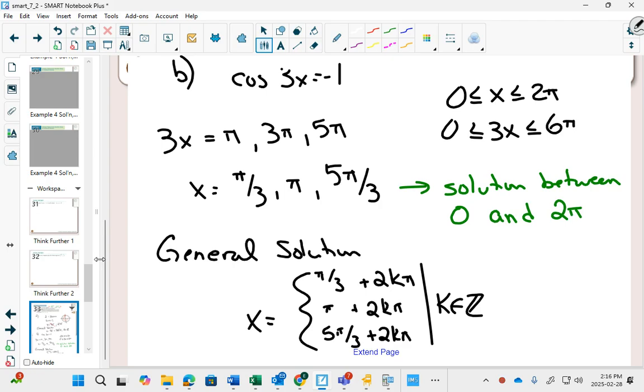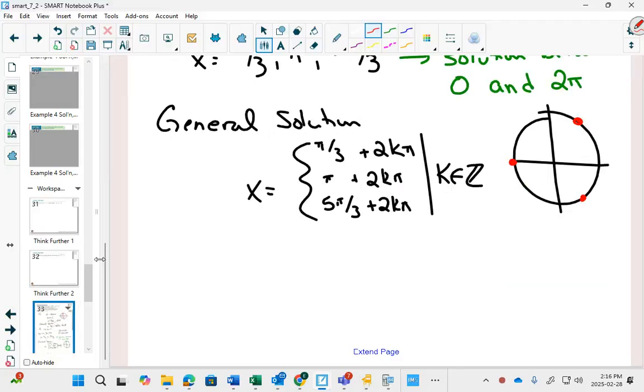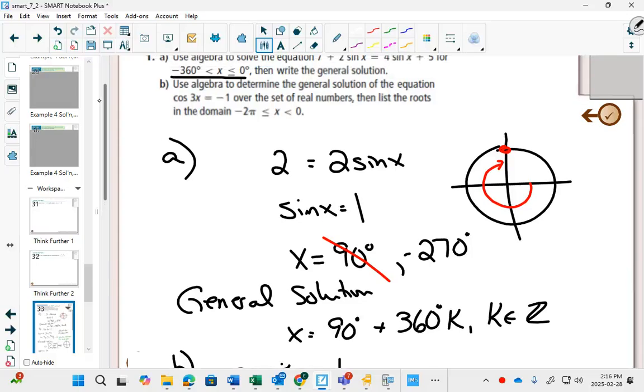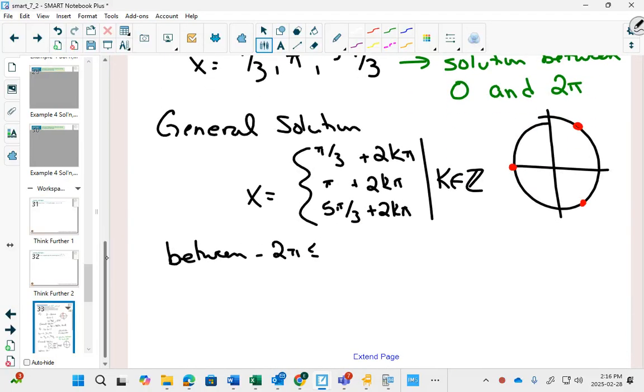Then, so I'm going to imagine my general solution. Here's my circle. Which values did I have? I had pi over 3, pi, and 5 pi over 3. Agree? Those are my answers. Okay? So now between negative 2 pi and 0, I was solving for this.